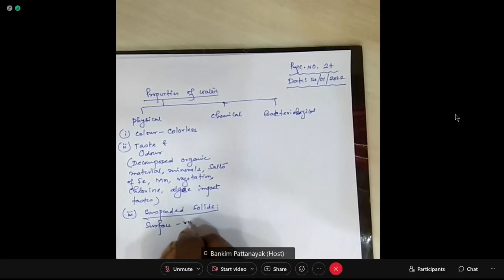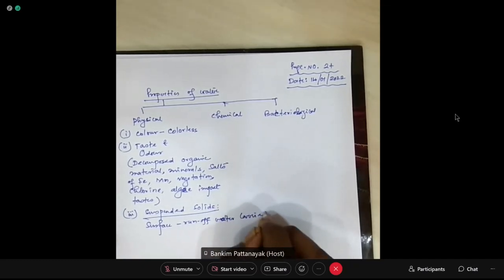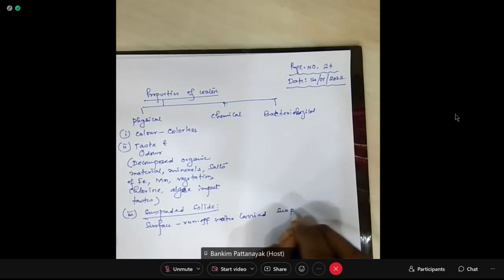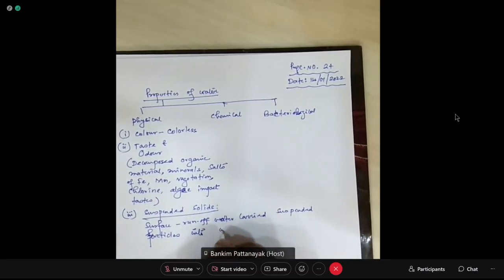Surface runoff water carries suspended particles into water sources.